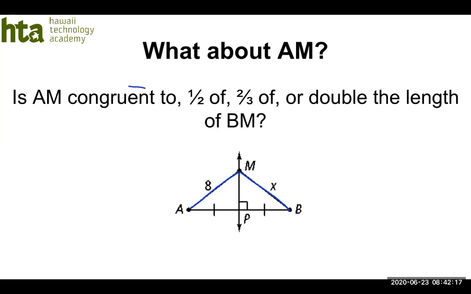Remember, anything that involves a bisector means we're going to have congruent parts. So AM and BM are congruent. AP and BP are congruent. Good job. Congruent when it comes to perpendicular bisectors. Very good. Moving on.